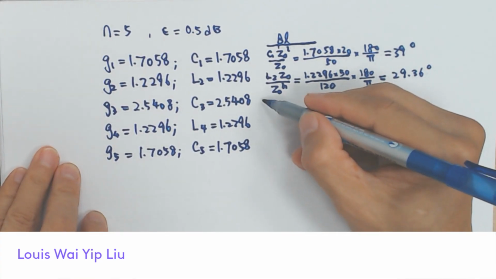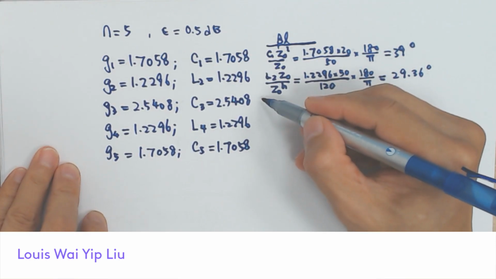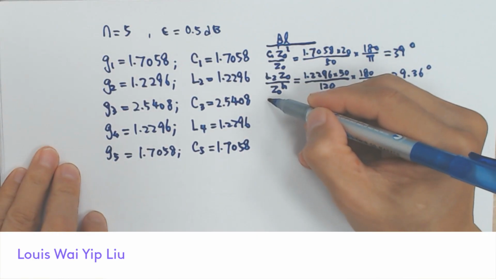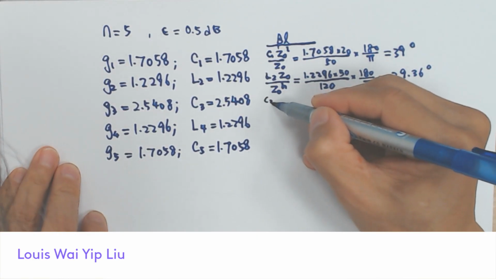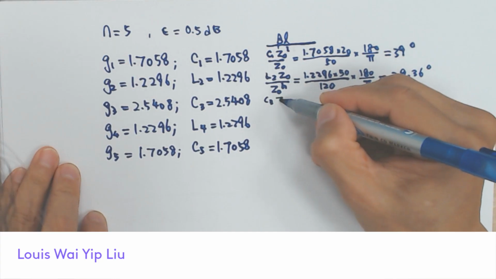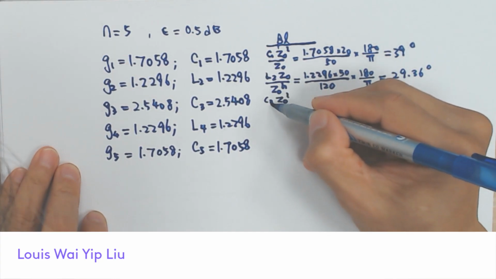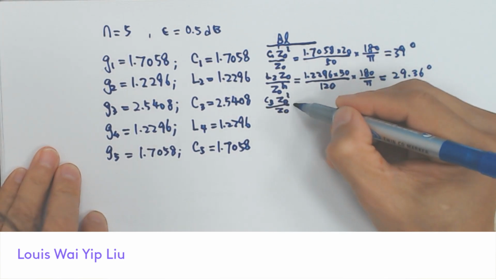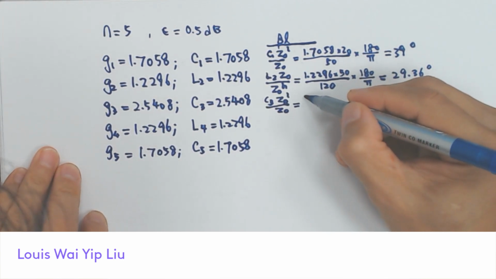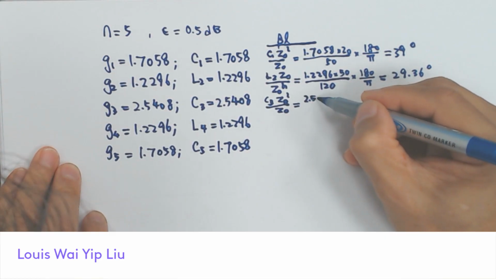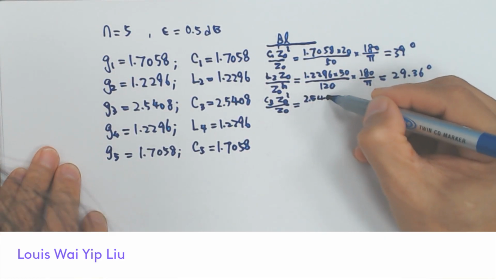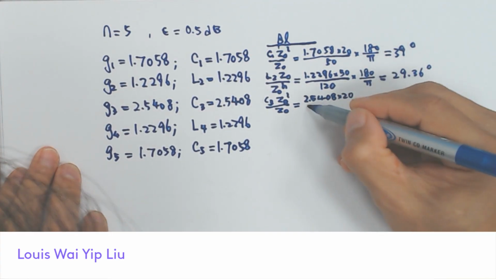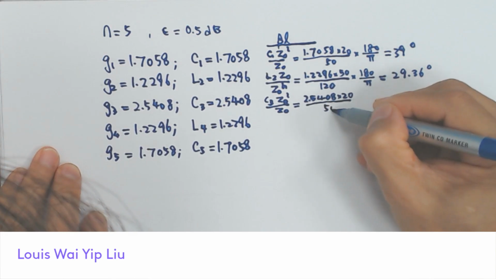And similarly, we can do the same step for C3. I will do it: 2.5408 times 20 divided by 50.